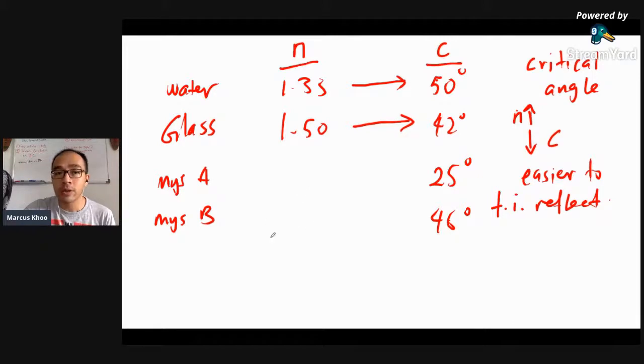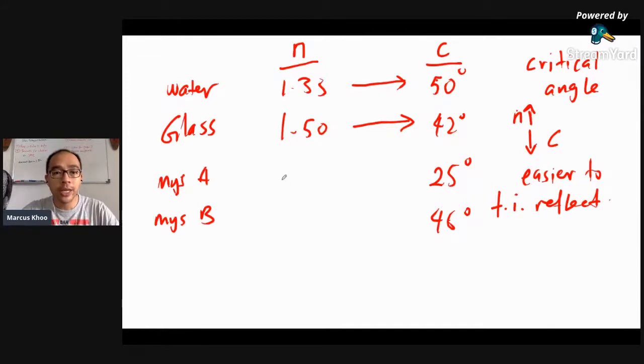Same thing goes with mystery B. Since the critical angle is 46, would the refractive index be bigger or smaller than glass? If you can understand this relationship, then you know whether your gradient is correct or not.